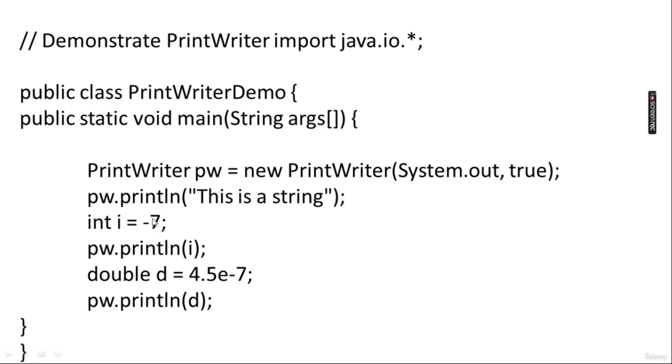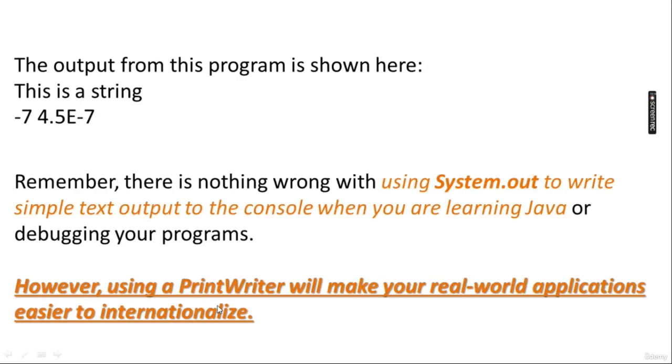Then it will convert this -7 to the string -7, and then it will display the output. Double d is 4.5E-7, which is also not a string. So what will it do? It will call its toString method, convert this 4.5E-7 to the string 4.5E-7, and then it will display the output. This is the string, -7 4.5E-7.